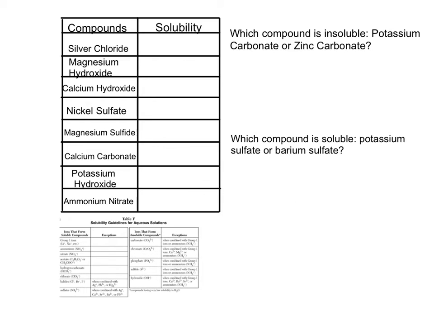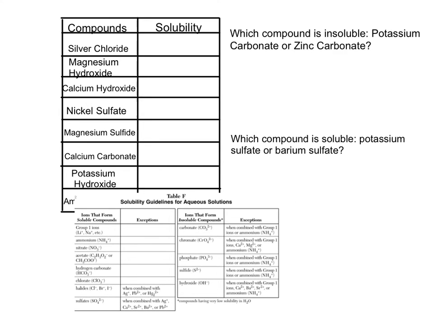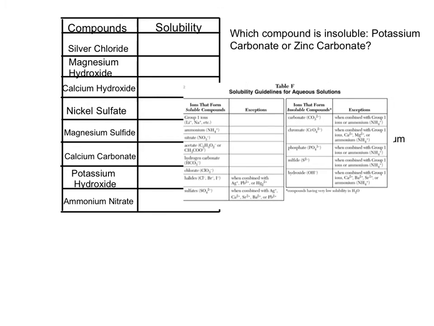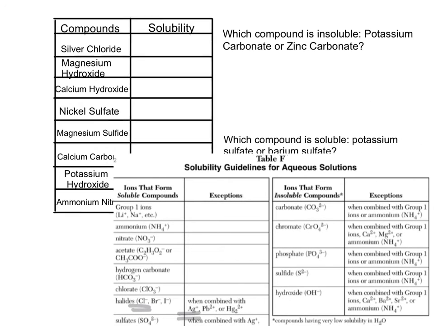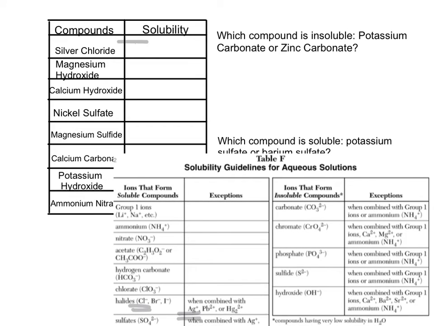Using table F, we can look at, for example, silver chloride. Chloride is a halide, and silver is an exception. An exception to being soluble is insoluble. So that means that silver chloride would be insoluble. A precipitate would be formed in that solution.